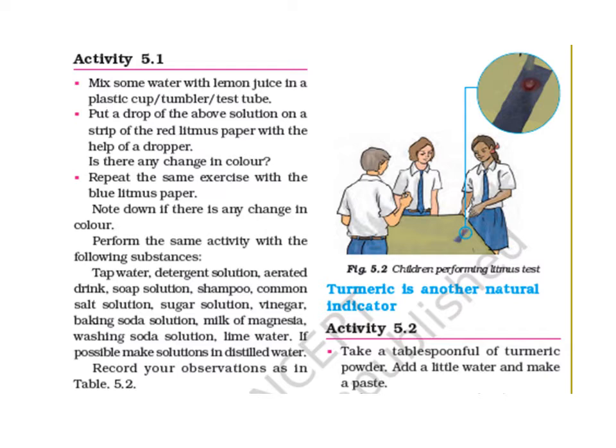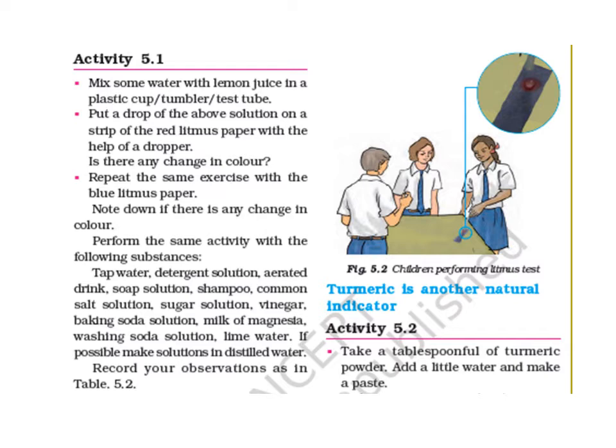It will change its color into blue. The red litmus will change its color into blue. So what can we conclude from that activity? We can conclude that the given substance is basic in nature. So the red litmus shows its reaction with that detergent solution, as it is basic in nature. That we have concluded here.